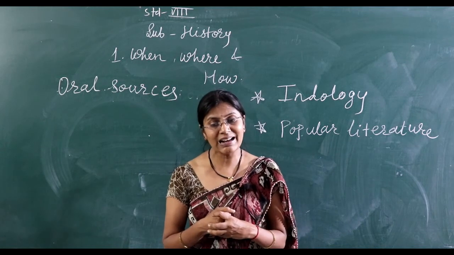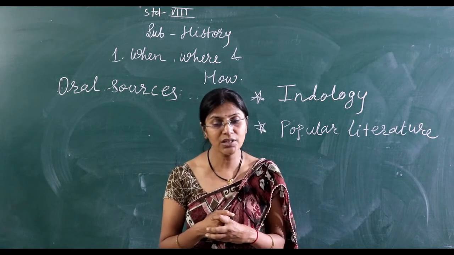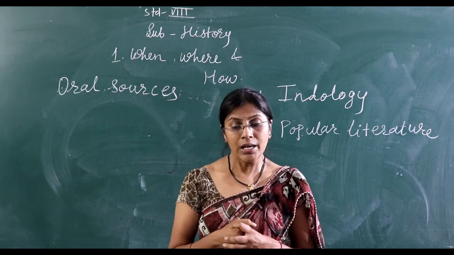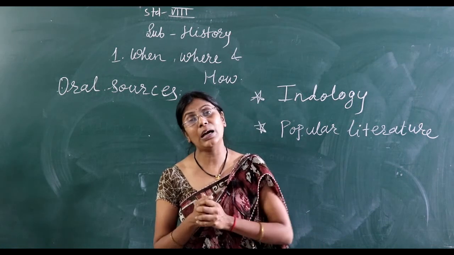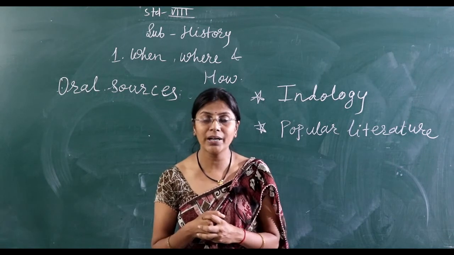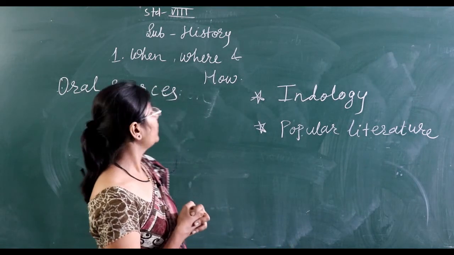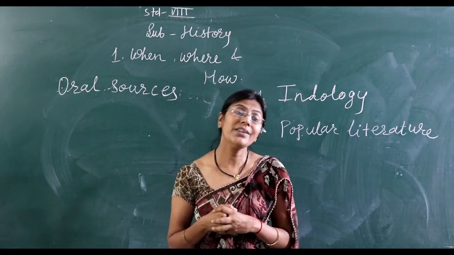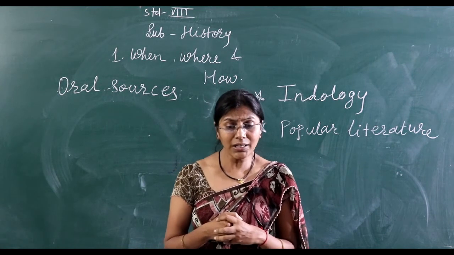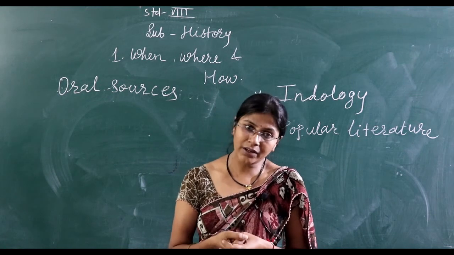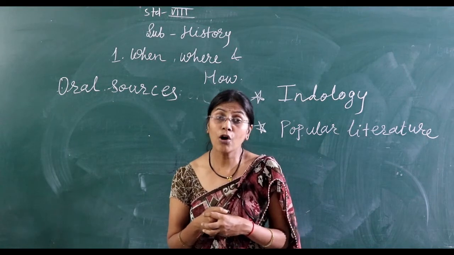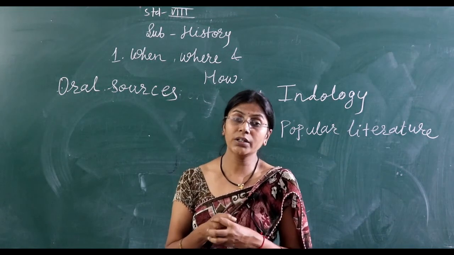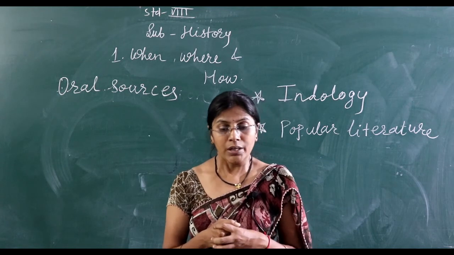So we can see that the last 2.5 centuries of India's history is a complex, fascinating period. It is really amazing and fascinating, the period of lesson number one, when, where and how. This period needs to be examined. It is very important to examine everything from various angles and different points of view.